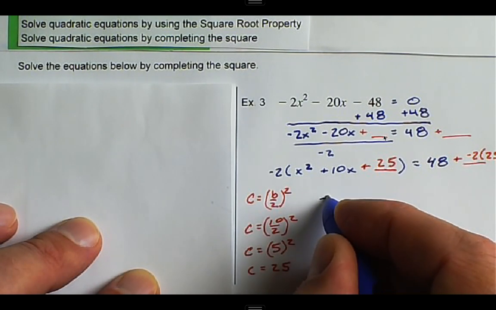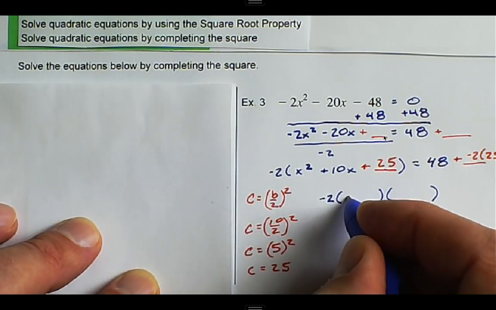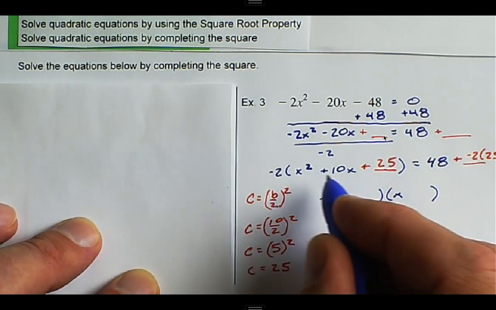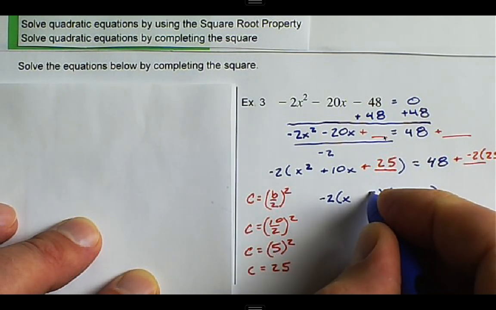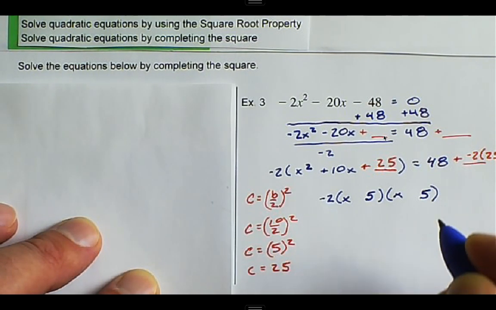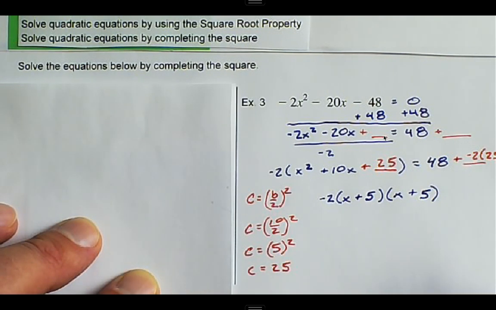So we have -2 times, now we can have x, and x times x is x squared. And then that value that gets squared is actually what we can add here. So we get 5 and 5, and they have to add to 10. So we get plus 10 and plus 10.